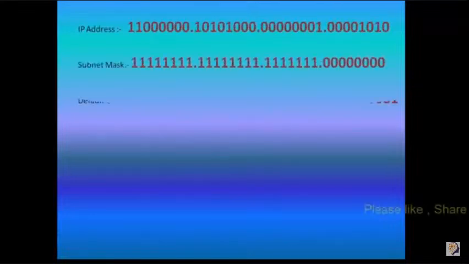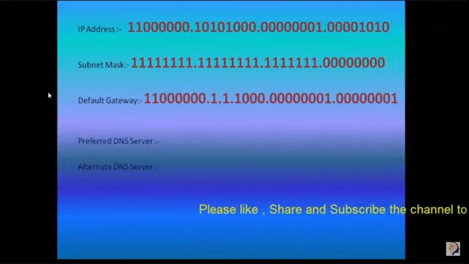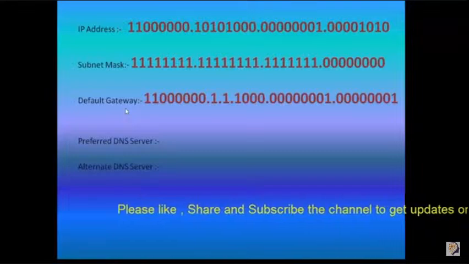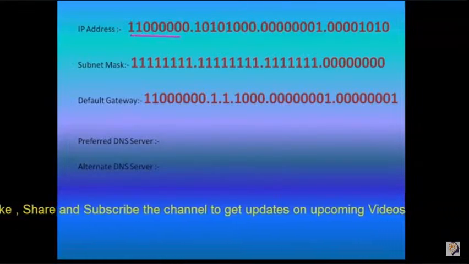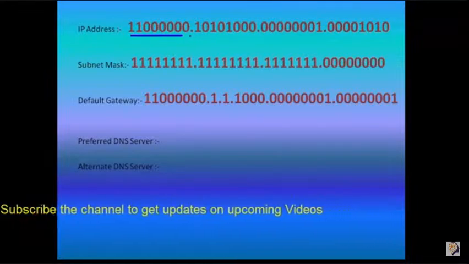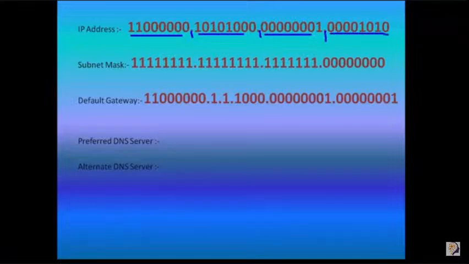So let's check the actual structure of IP. This is the actual structure. It is 8 bits separated by a decimal point, again 8 bits, then again separated by a decimal point, then again 8 bits separated by a decimal point, and then again 8.